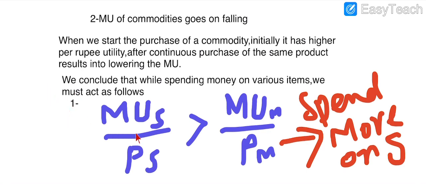Let's see here. Number one: if marginal utility of sugar divided by price of sugar is greater than marginal utility of milk divided by price of milk, what will be the pattern of spending? It means we have to spend more on sugar. Why? Because marginal utility of sugar is higher compared to marginal utility of milk.